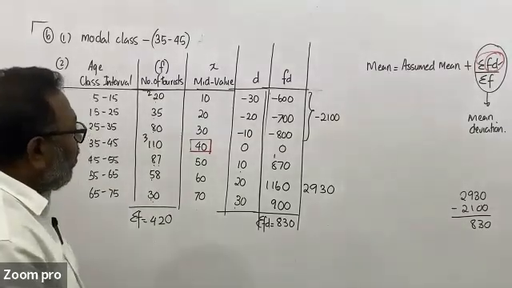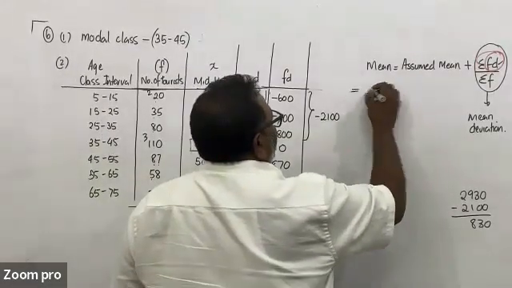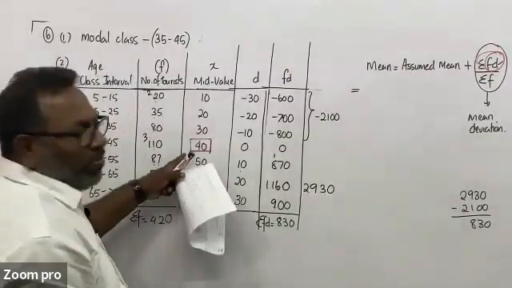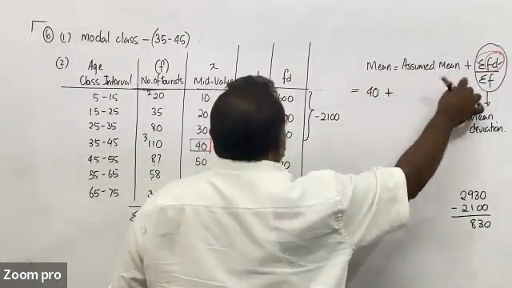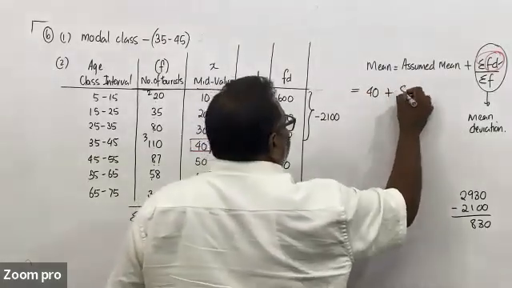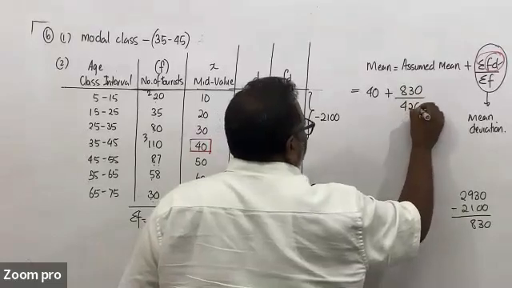Then you do the calculation now. So what is assumed mean? Assumed mean is 40. Sum of FD is 830 divided by 420.